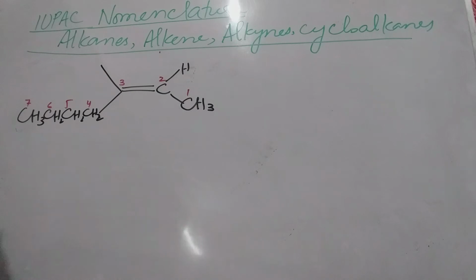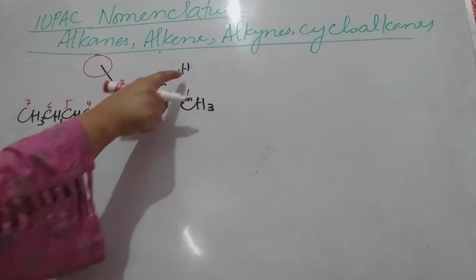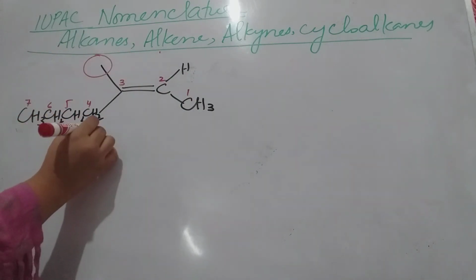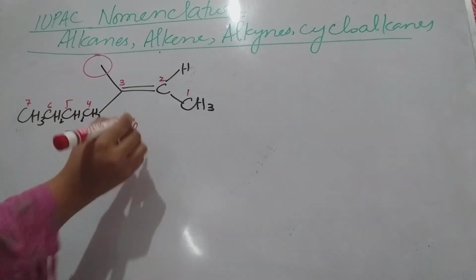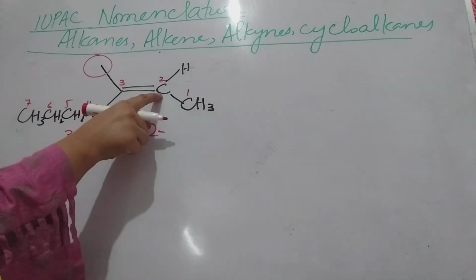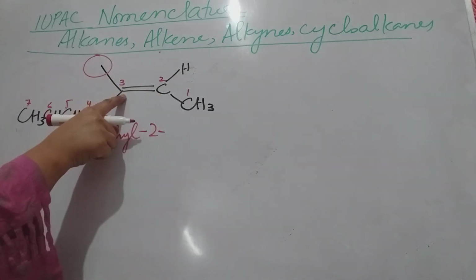Longest continuous chain, and it has a substituent at this position, as there is no substituent at the second position. So 3 methyl 2, where 2 means there is a double bond between the second and third position.